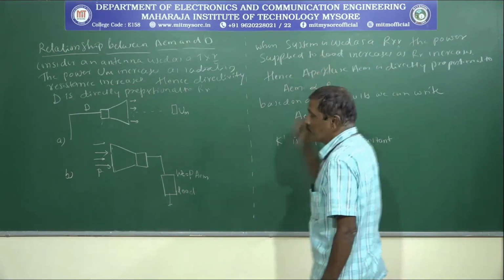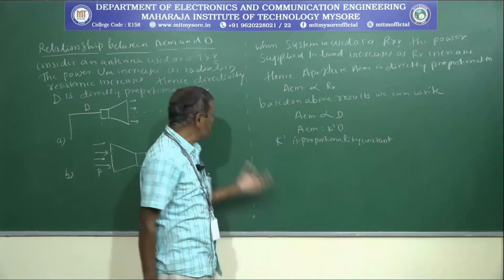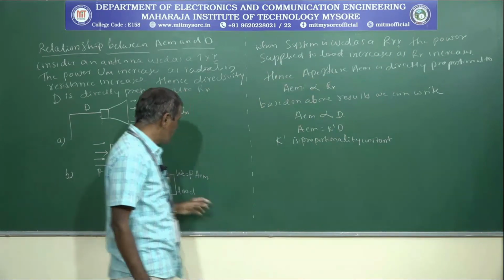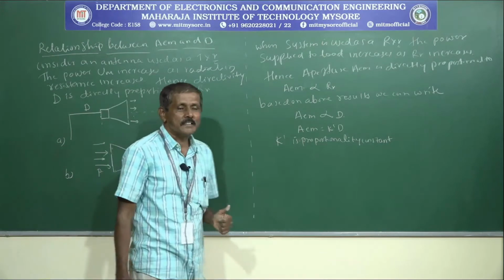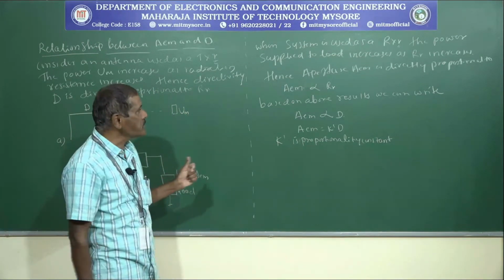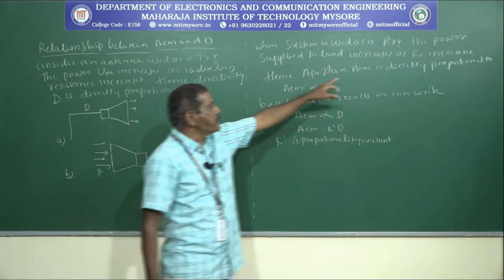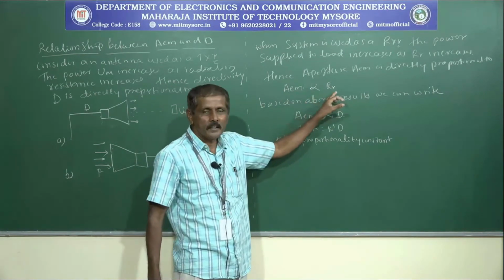Now, when a system is used as a receiver, that means when you are using the antenna as a receiving antenna, the power supplied to this particular load increases as the RR, that is radiation resistance, increases. Hence, the aperture AEM, that is maximum effective aperture, is directly proportional to radiation resistance.